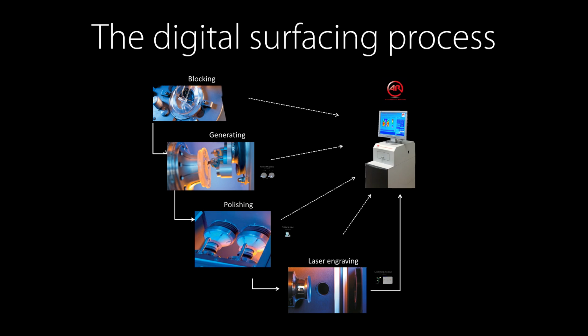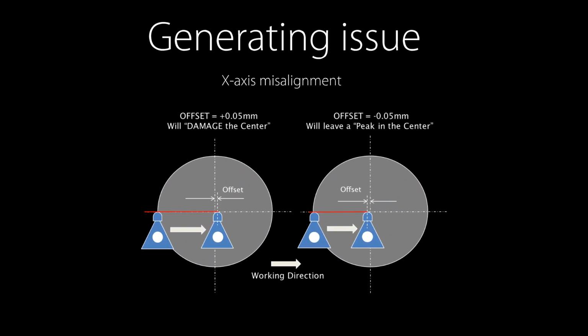First, let's look at an example of generating issue due to a misalignment of the x-axis of the generator. During the generating process, the lens is rotated very fast, and the surfacing tool will go from the edge to the center of the lens, along the x-axis.